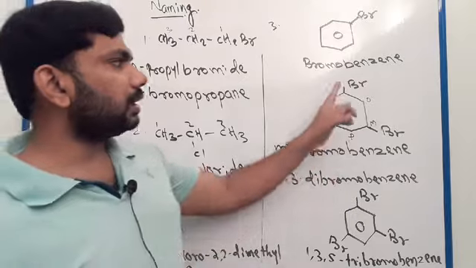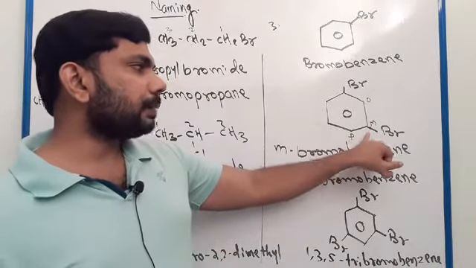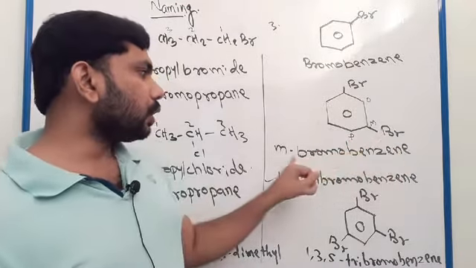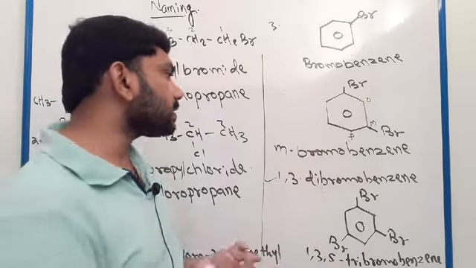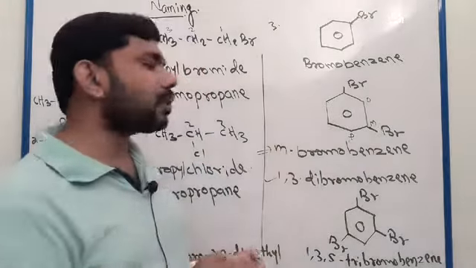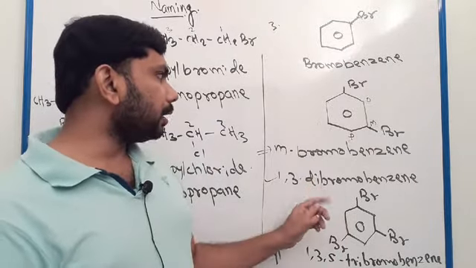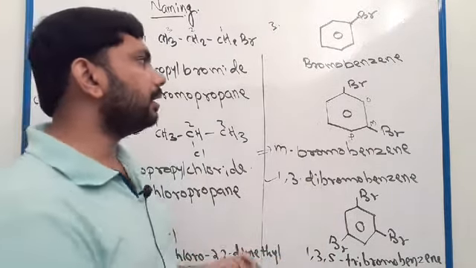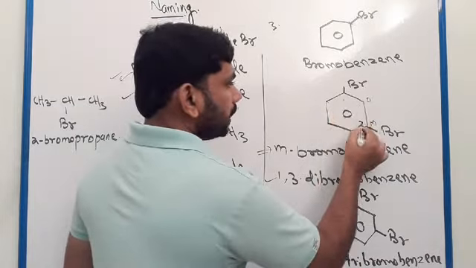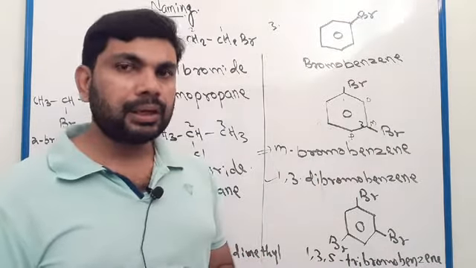At the meta position there is bromine. So meta-dibromobenzene is the common name for this compound. Or 1,3: here this is 1, this is 3. 1,3-dibromobenzene, the IUPAC name. Clear?